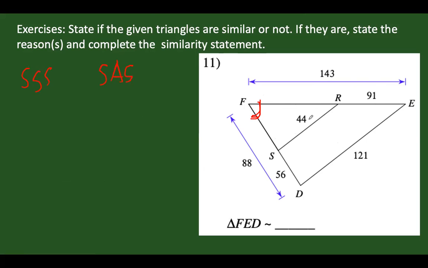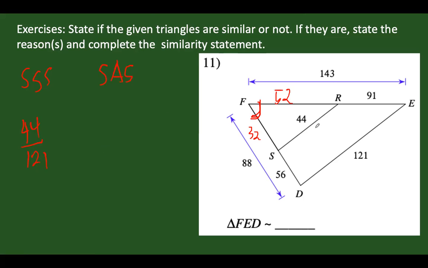So in this manner, okay, so 44, 121, these are the corresponding sides, right? So 44 over 121. And if this is 91, this is what? 52, correct? Okay, if this is 88, this is 56. This is what? This is 32, if I'm not mistaken. Yes, 88. This is 143. Okay, here we go. So we are trying to show that these two triangles are similar.